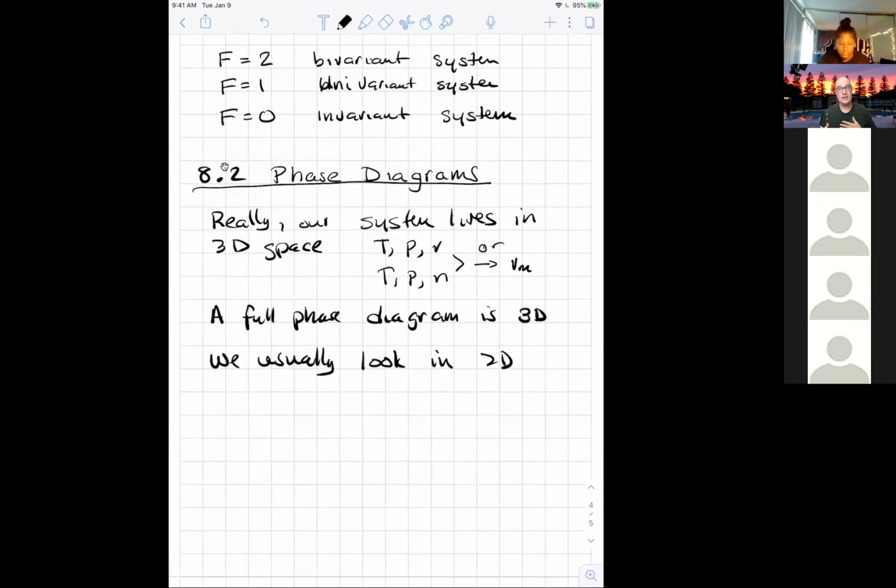Or another way to think about this is it's hard to vary three variables at once. We've already talked about this when we did our total differentials. We often have a total differential that's a function of three variables, and really, it's hard to let three variables vary at once. We want to let one vary and see the response of the other. So that's a very common thing that we're going to do experimentally.